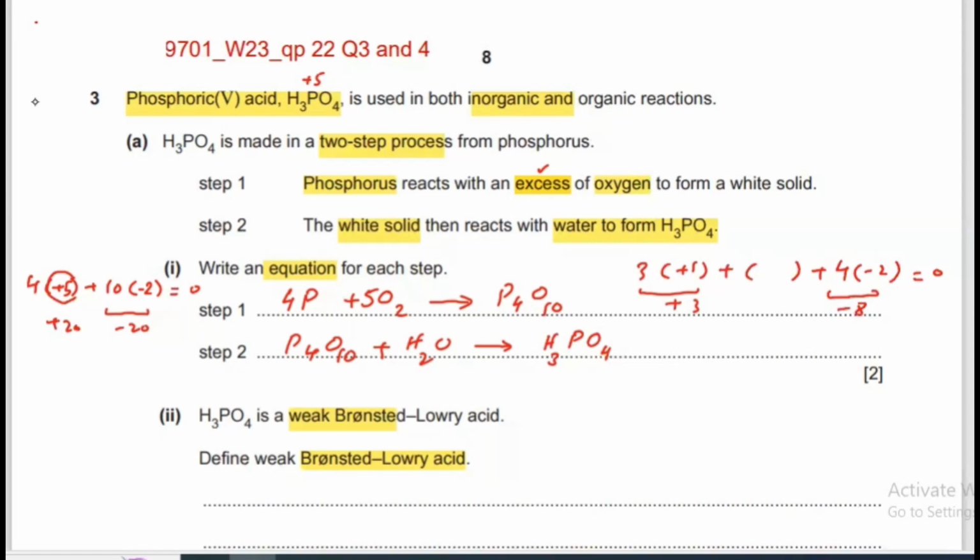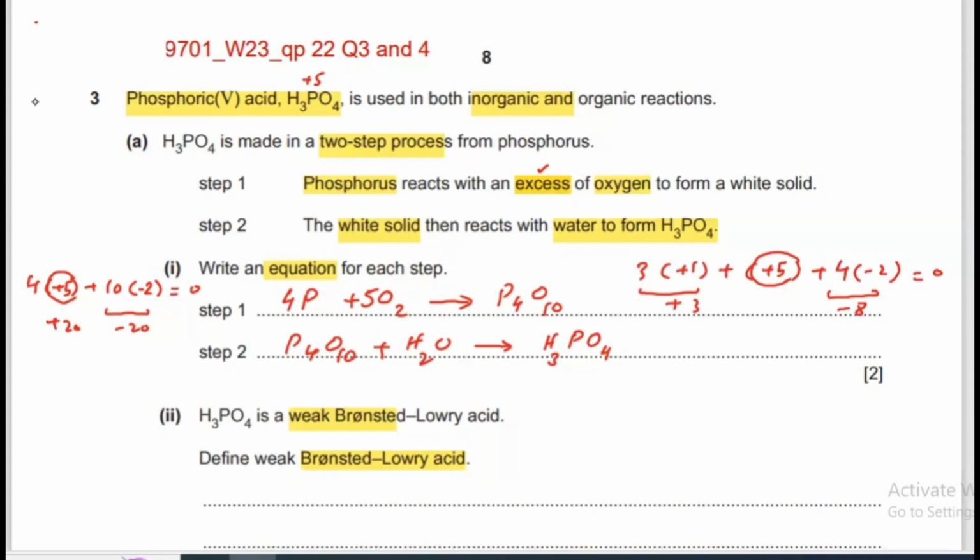So -8 and +3, so here you can put +5. Although some students may think that we will get H3PO3, H3PO3 will not be formed as the oxidation state of phosphorus will be +3 in that compound. So you have to make that product in which the phosphorus has +5 oxidation state. Oxidation state will not change.